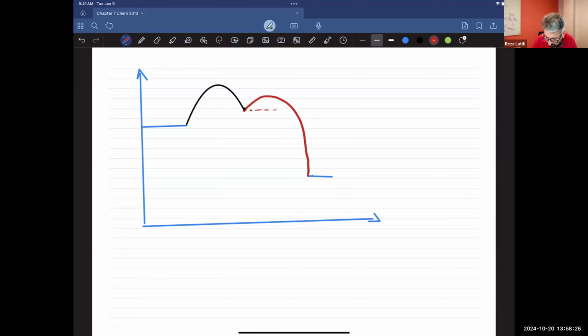The barrier for the second step versus the barrier of the first step is nothing. So the activation energy here is way higher than the second step. So I'm going to say EA1 is bigger than EA2. That means the first step will be the rate determining step. And the only thing involved in it was the reactant.